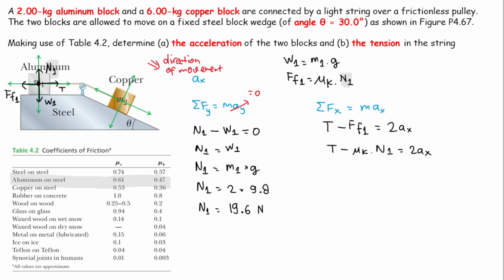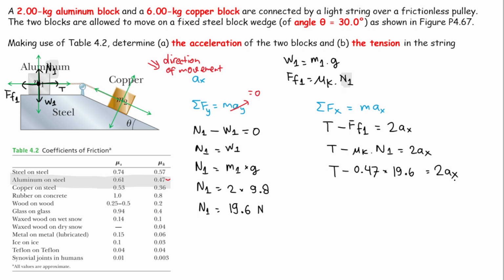Because we need mu k, we have 0.47. So let's plug in the numbers. I will have T minus 0.47, multiplied by N1, which is 19.6, and that will equal 2Ax.